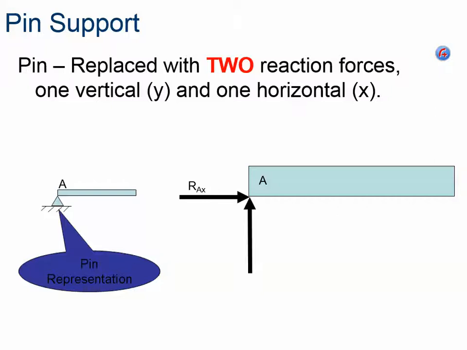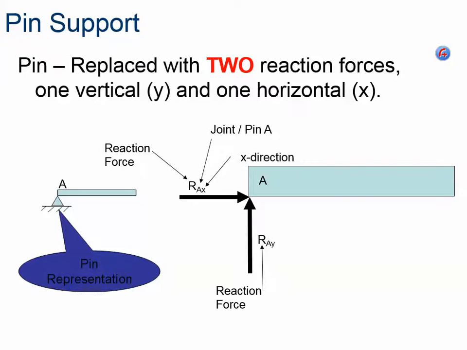With a Y, right? So there's a reaction force on joint pin A in the X direction. Then we have R sub A sub Y, which is a reaction force on point A, or joint A, in the Y direction. Okay? So a pin support will have both RAX and RAY, a reaction in the X and a reaction in the Y.